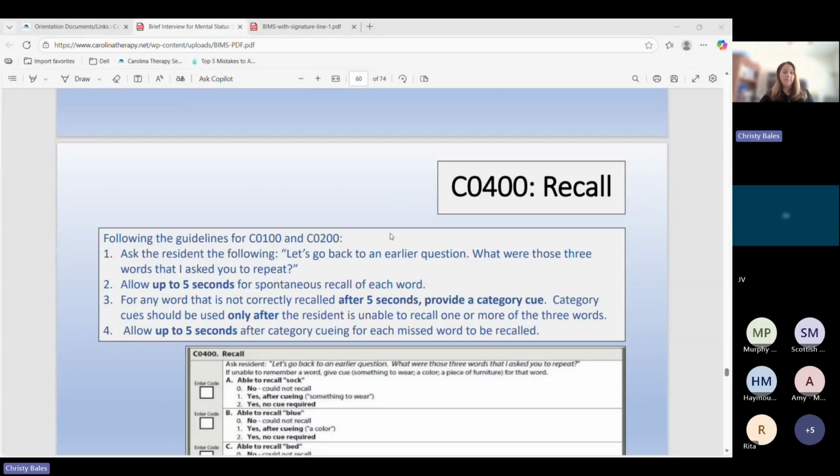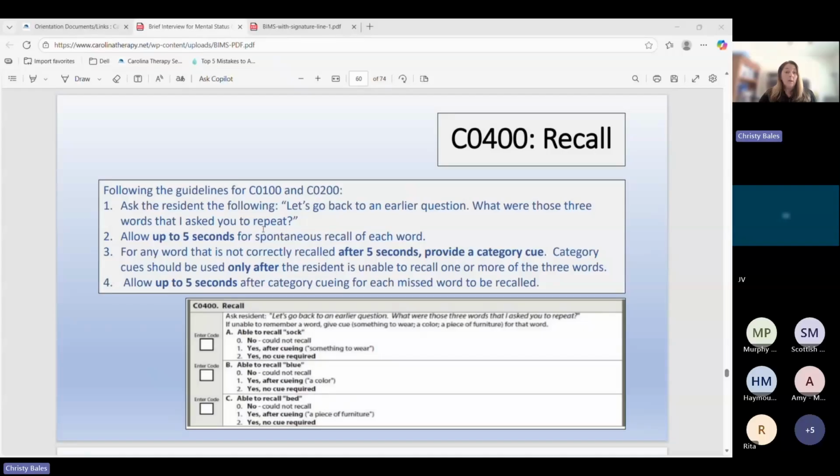All right. Recall. So this is where you go back to the previous C0100 and C0200. Ask the resident the following: let's go back to the earlier question. What were those 3 words I asked you to repeat? According to everything I read, you have to allow 5 seconds for spontaneous recall of each word.